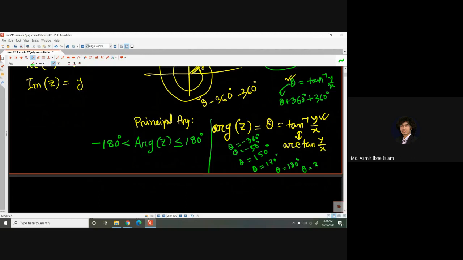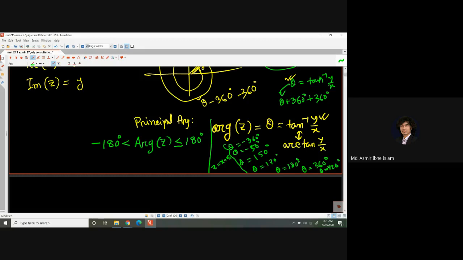You have theta equal to 360 degree, theta equal to 720 degree. So I have written multiple values for theta. Let's say this is some arbitrary point x plus yi. For this complex number, we have found all these arguments. So now let's figure out, out of these arguments, which one is the principal argument.